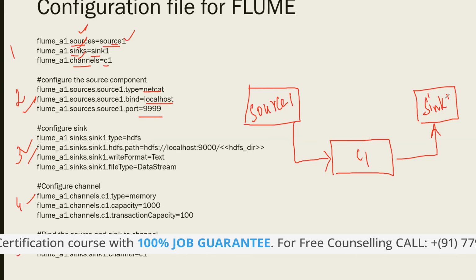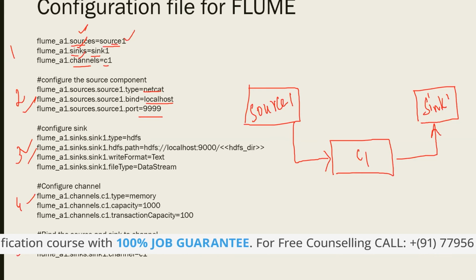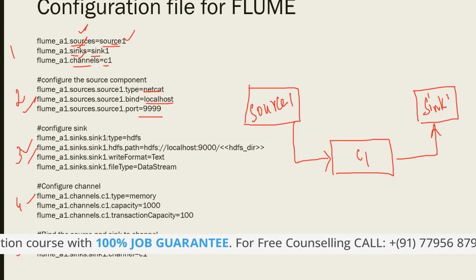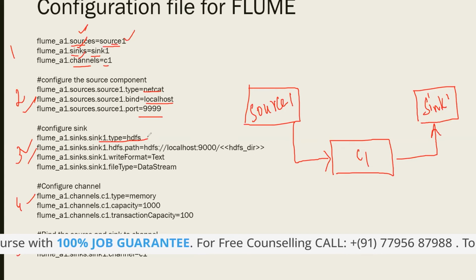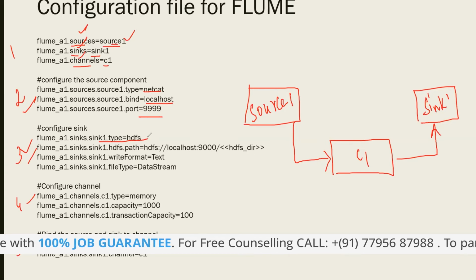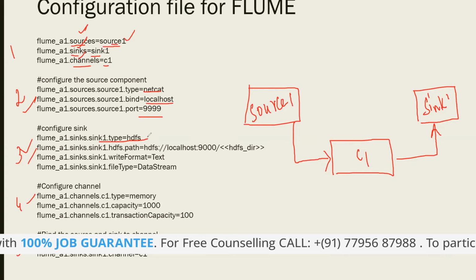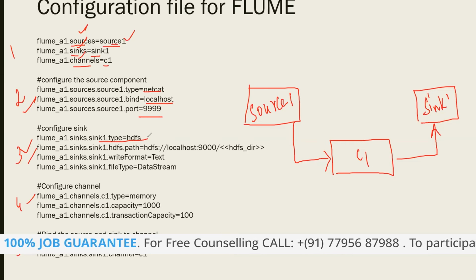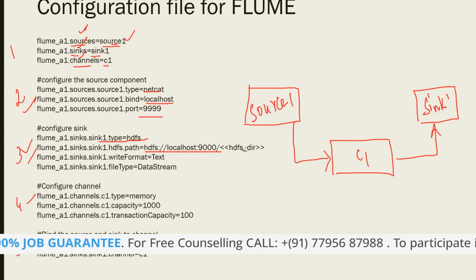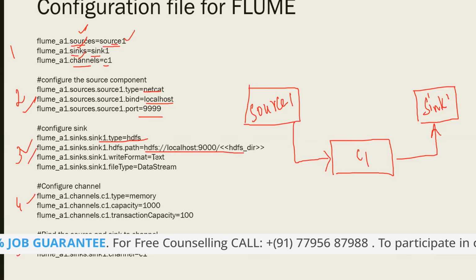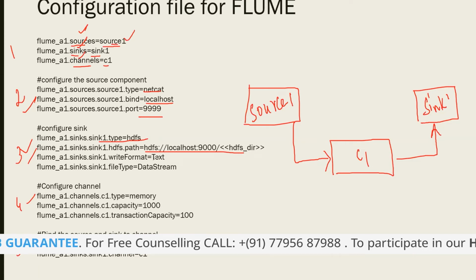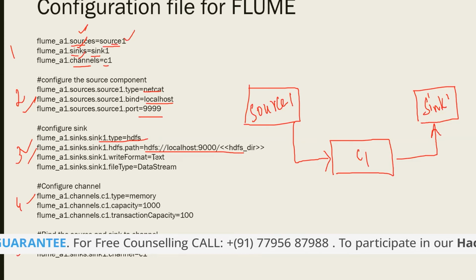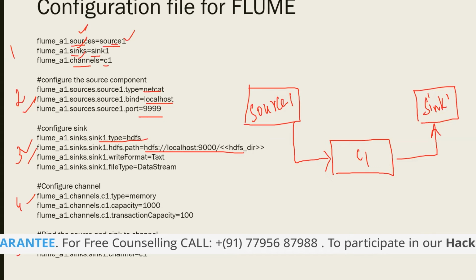Now here we describe my sink, whether it is going to be an HDFS layer, or connected to AWS, wherever your file storage is going to be, then the location inside that layer, and then in what format. The format is by default text and data stream, as we are reading streaming data.